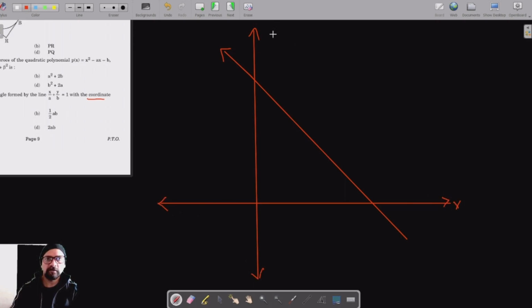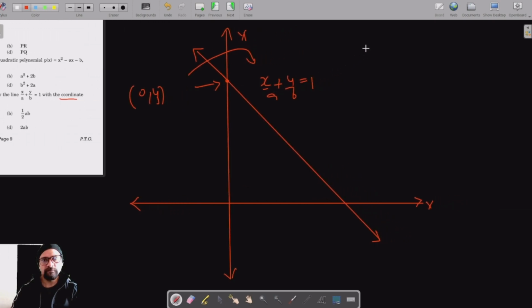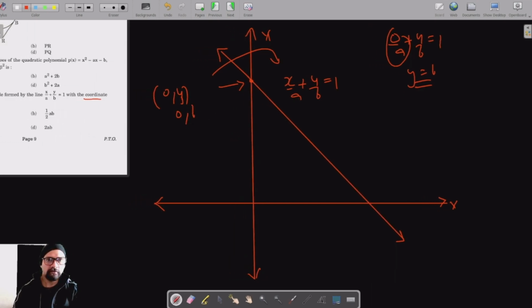Now this line intersects the y-axis at this point, and coordinates of this point are 0, comma y. If we put this 0, comma y in this equation, x is 0, so 0 upon a plus y upon b is equal to 1. So this is 0, which gives me y is equal to b. So that means it's 0, comma b, and this distance is b.